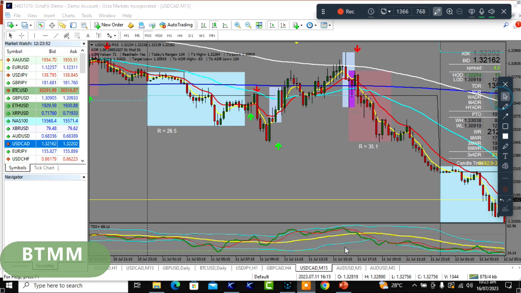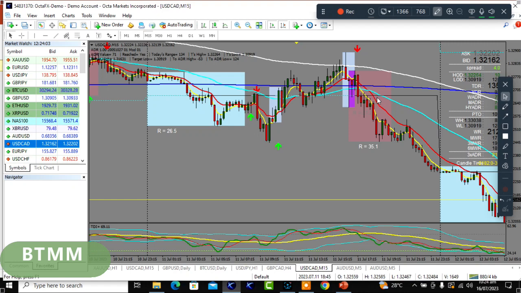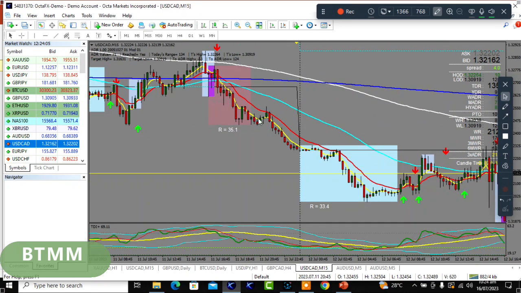Now another one is the intraday trader. This intraday trader, you will make your analysis using a 1 hour time frame, so that in less than 2 or 3 hours you are out of the market.